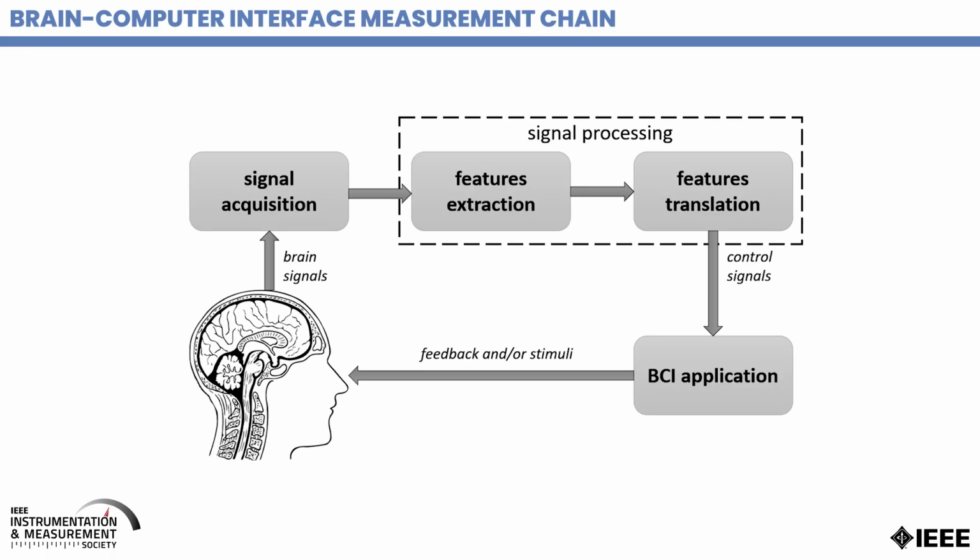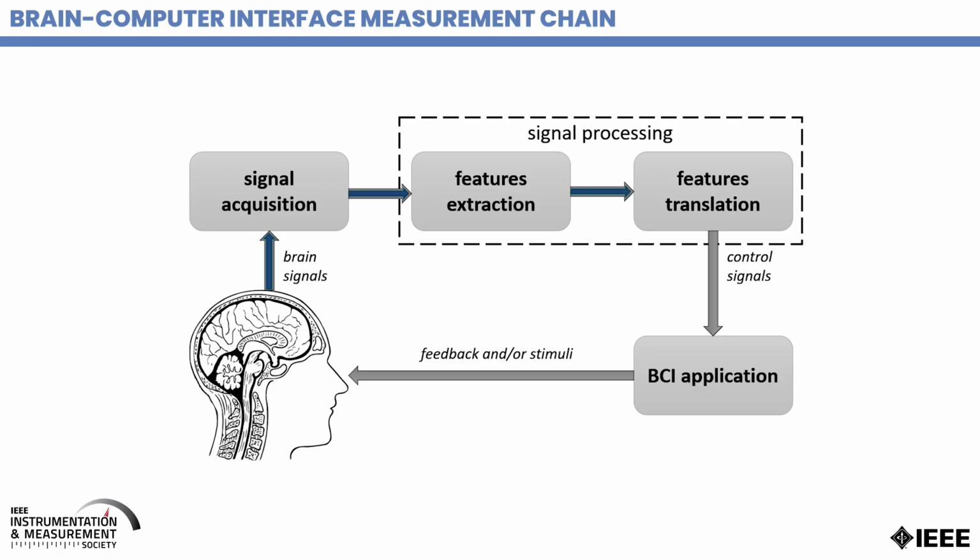A brain-computer interface can be seen as a metrological chain, and in particular, it all starts in this loop from the signal acquisition of some brain signals. So we usually acquire the activity, which could be an electrical activity, a magnetic activity, or other kinds of activity from the brain, and these acquired signals are processed. Now, in a simple way, we can distinguish this process into steps.